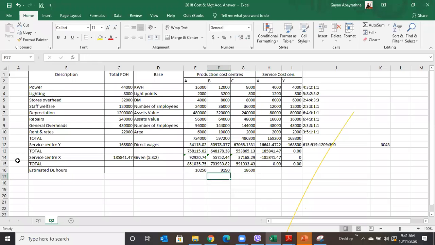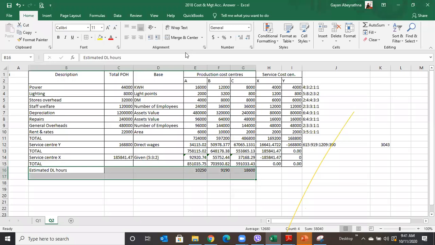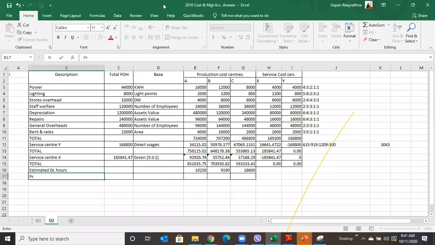Yeah, then we can get production overheads absorption rate per direct labor hour.